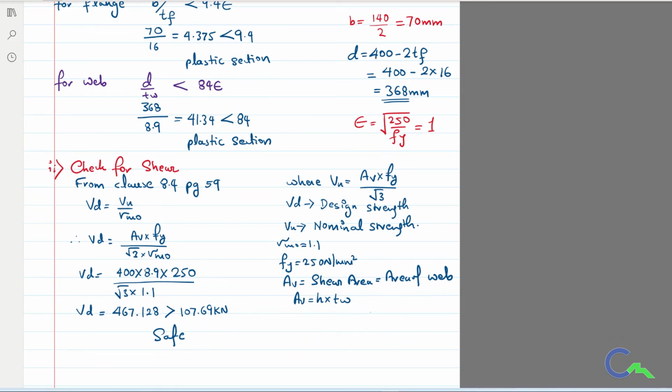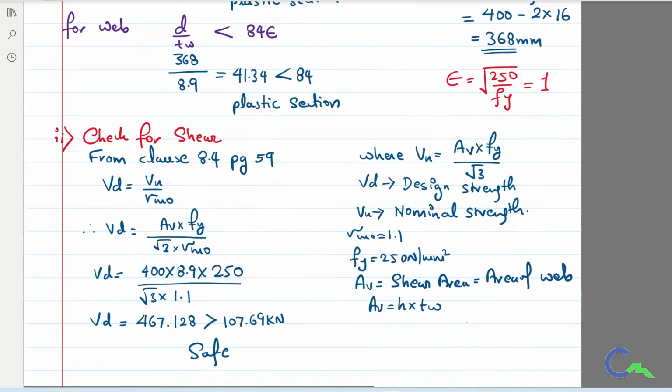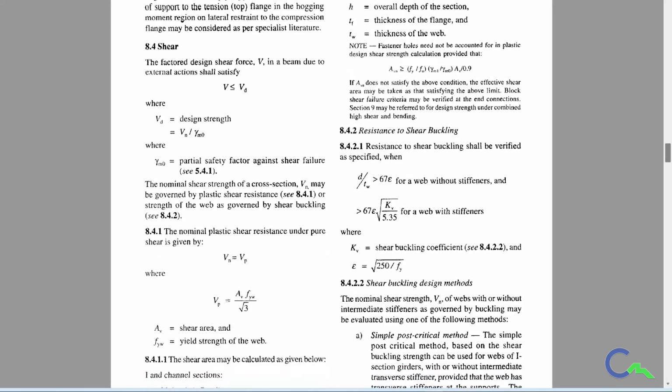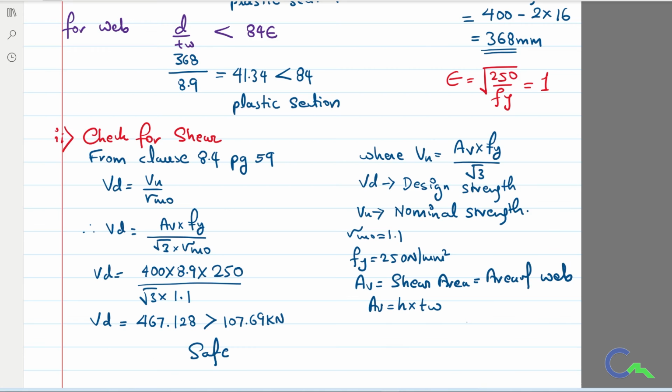So then check for shear. From the page number 59, yes, design shear strength is given by Vd is equal to Vn divided by gamma m naught, where Av is the shear area. I can say shear area, that is nothing but area of the web.